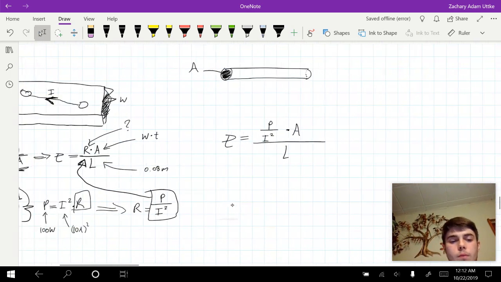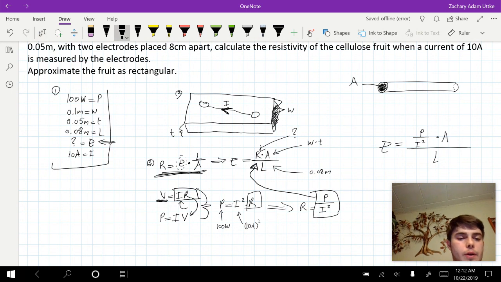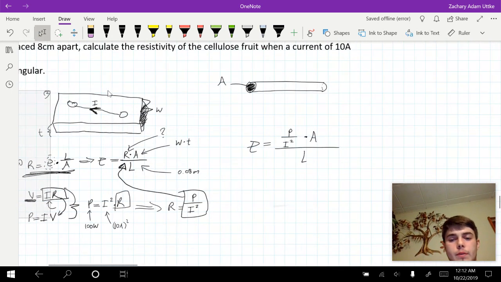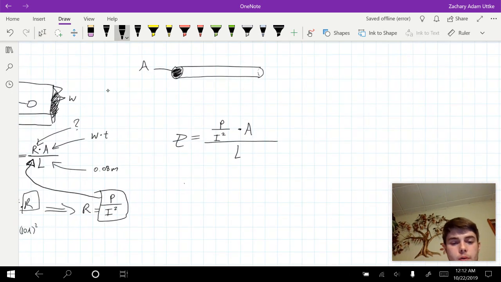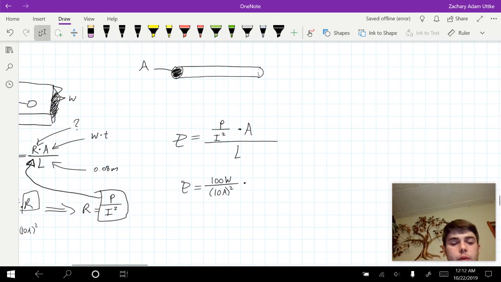So now we can just plug in our list of what we did know over here into our equation for resistivity. So resistivity equals 100 watts divided by 10 amps squared times our area, which is width times thickness.